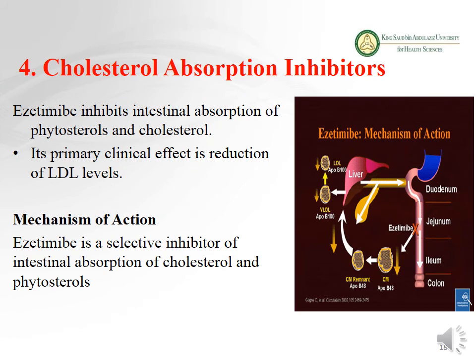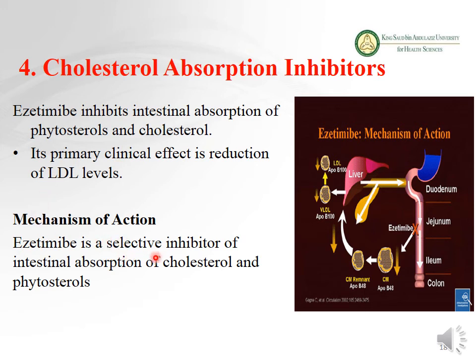Now the fourth class in this series is the cholesterol absorption inhibitors. Basically, they inhibit the absorption of lipids from the intestine. So they mainly work in the intestine. Ezetimibe is the main drug in this class, which decreases the intestinal absorption of phytosterol and cholesterol. Its primary clinical effect is reduction of low-density lipoprotein.